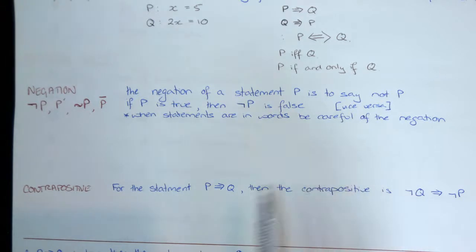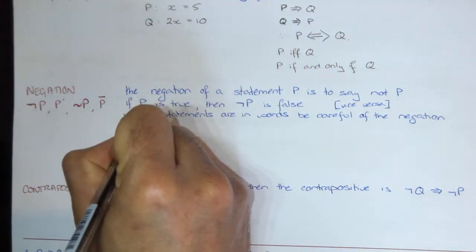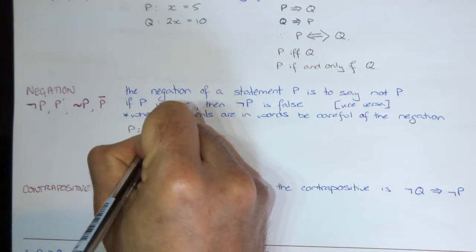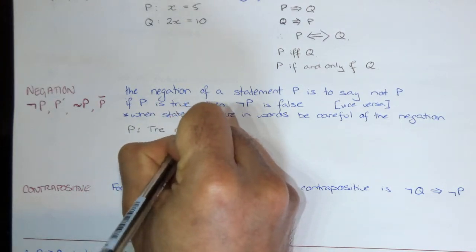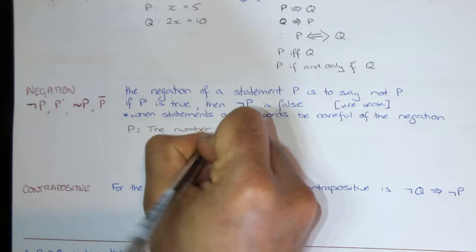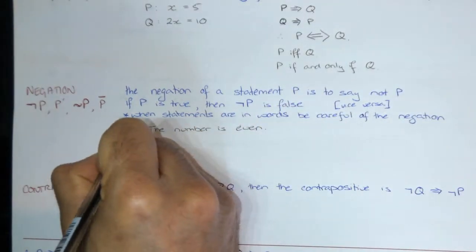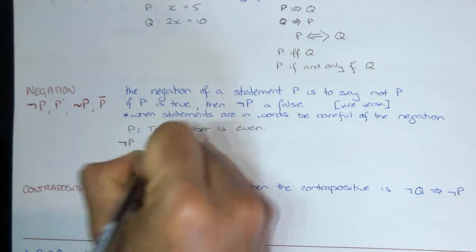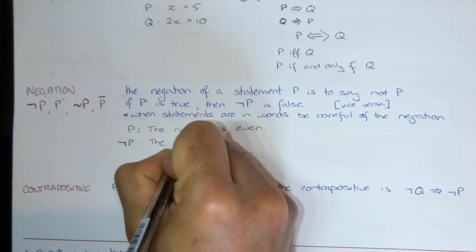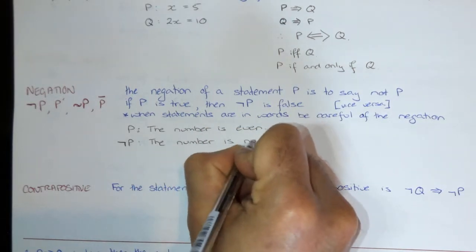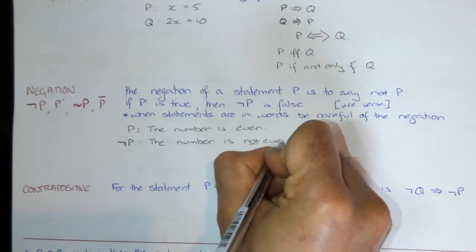Some examples of negation. Let's say I have a statement: the number is even. Its negation is: the number is odd, or the number is not even.